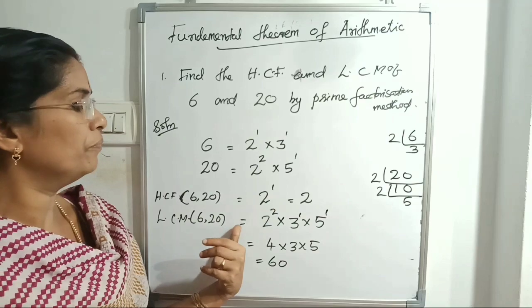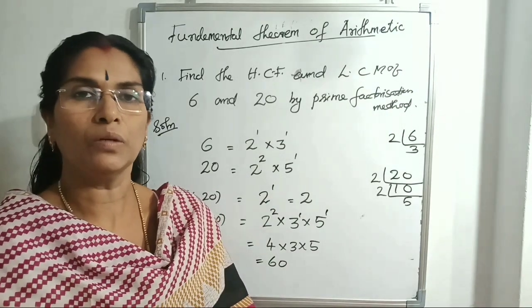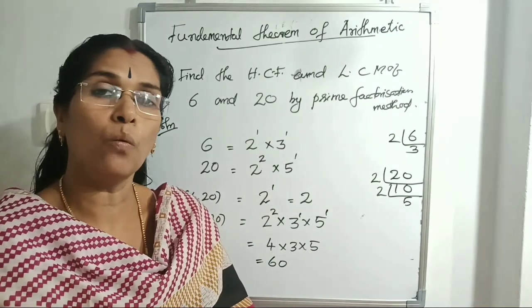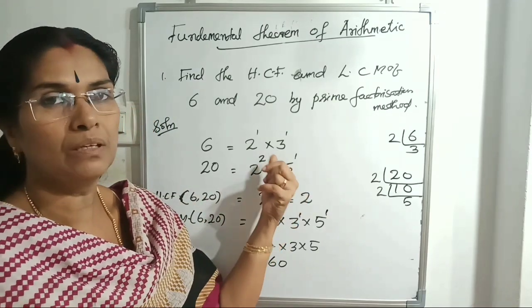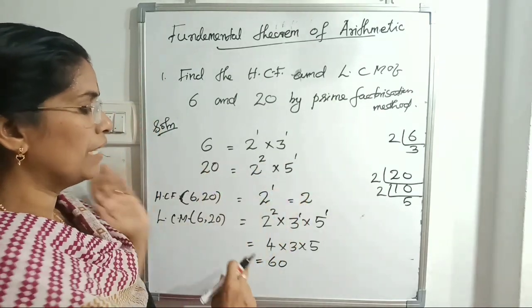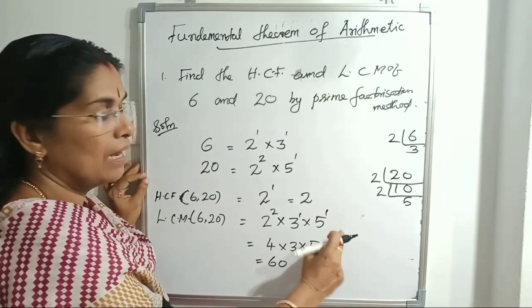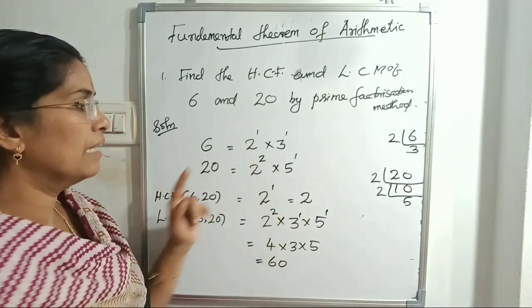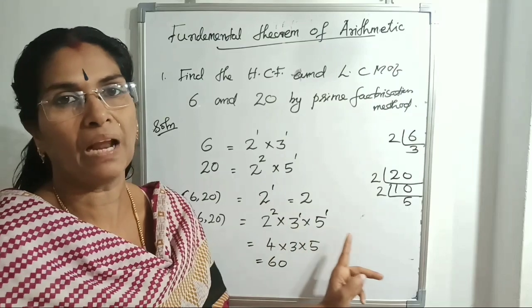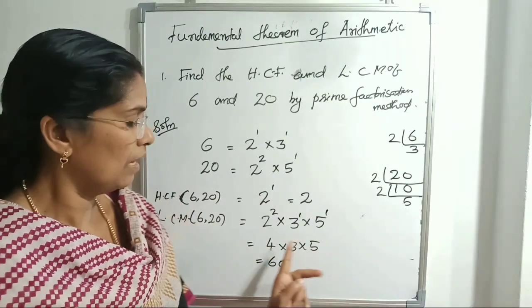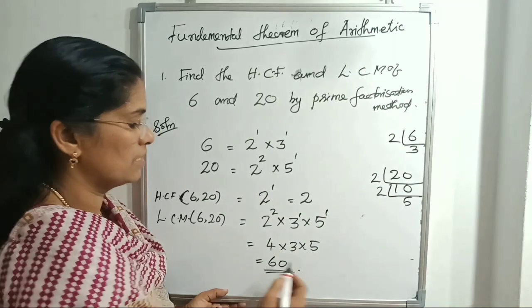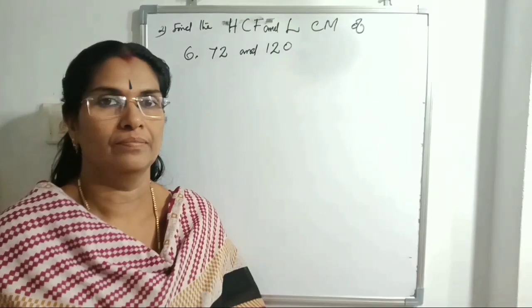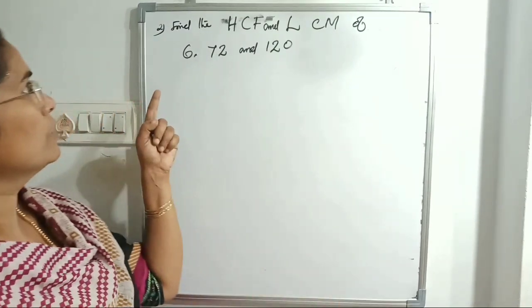And LCM of two numbers, or 2 or 3 numbers, you have to write all the prime factors. That is, whichever prime factors come in our numbers, you write first. After that you check the highest power of each prime factor. After that you multiply. You will get that answer, 60. Clear?